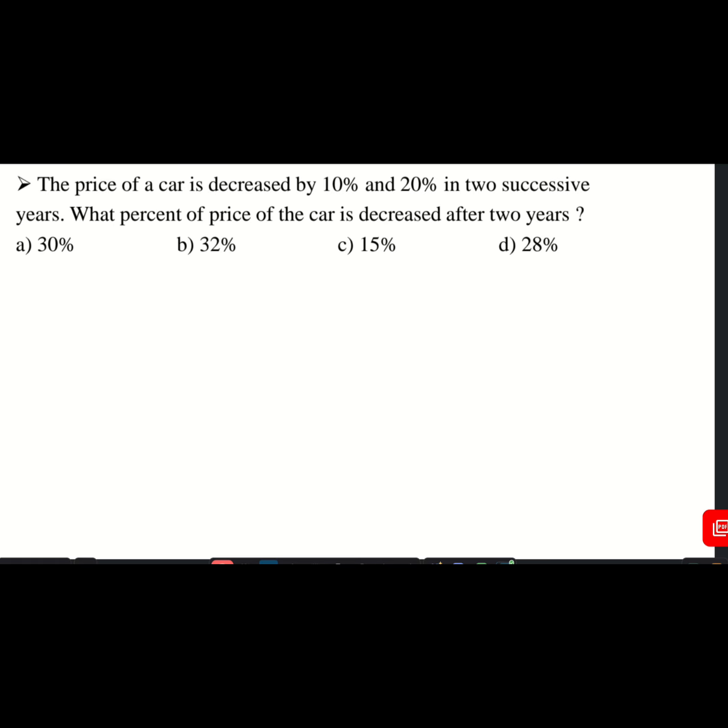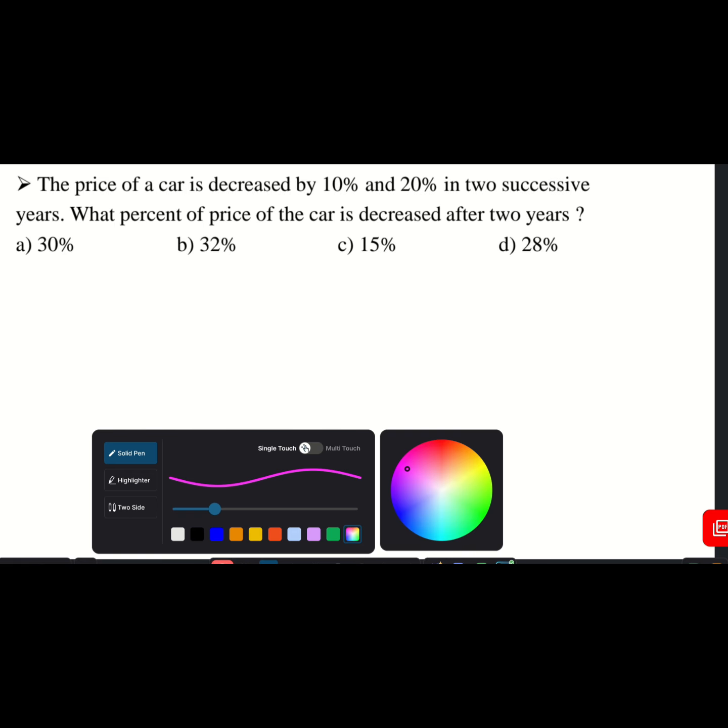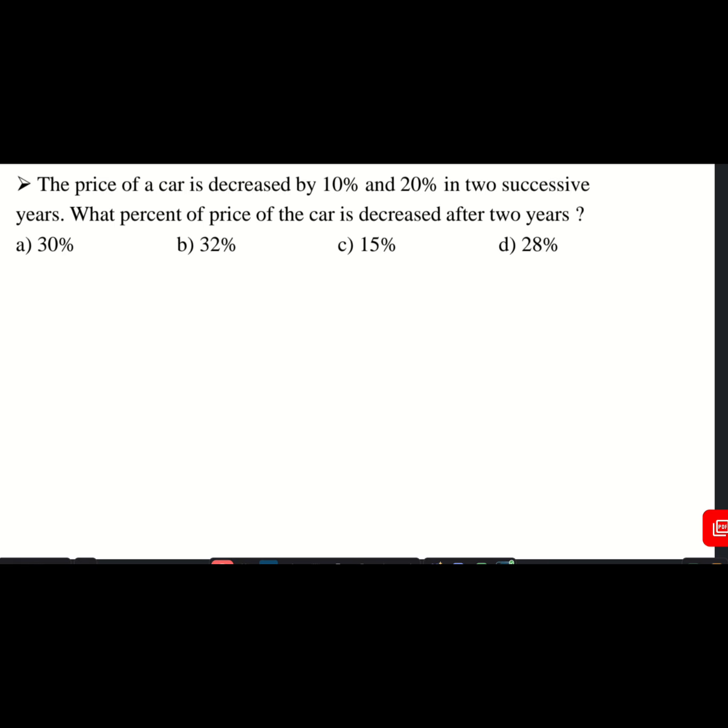The price of a car is decreased by 10 percentage and 20 percentage in 2 successive years. By what percent is the price of the car decreased after 2 years? Minus 10, again minus 20, minus into minus will be positive 10 into 20 divided by 100.